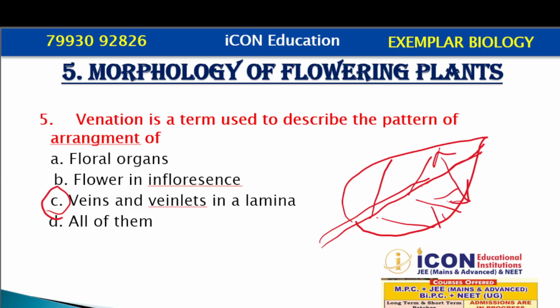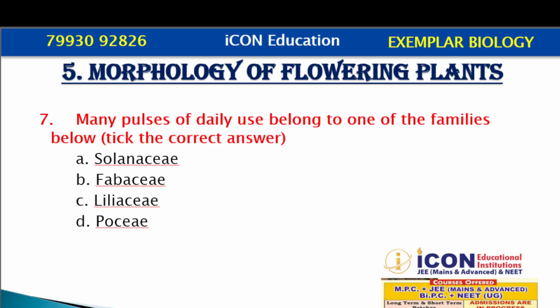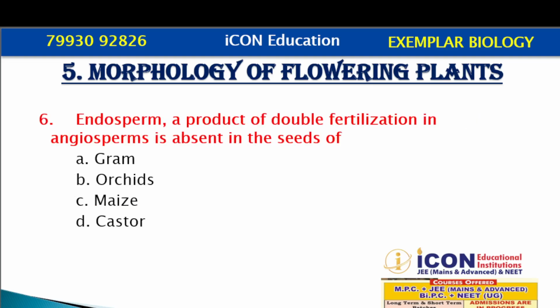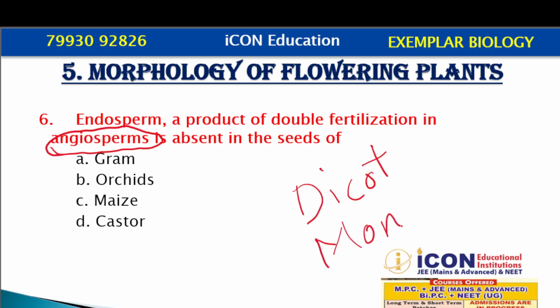Question number 6. Endosperm, a product of double fertilization in angiosperm, is absent in the seeds of. When they are talking about angiosperms, we have two classes, that is dicot and monocot.